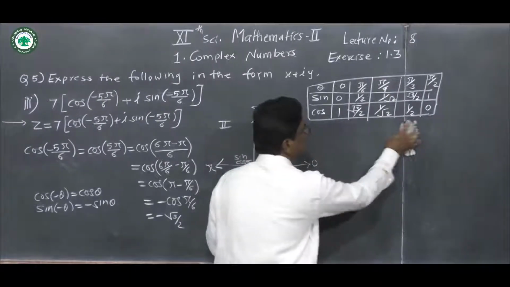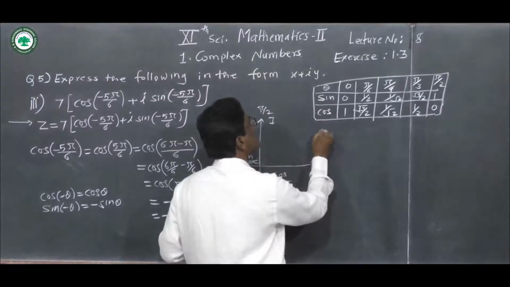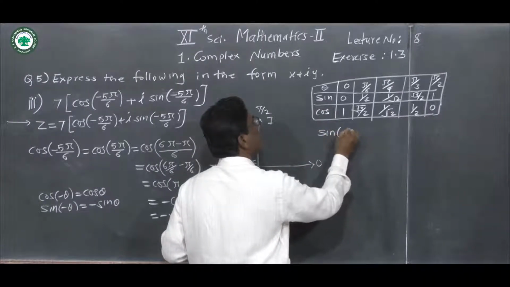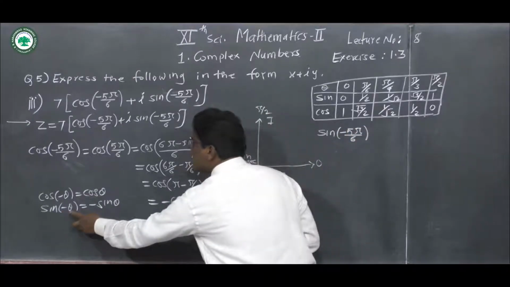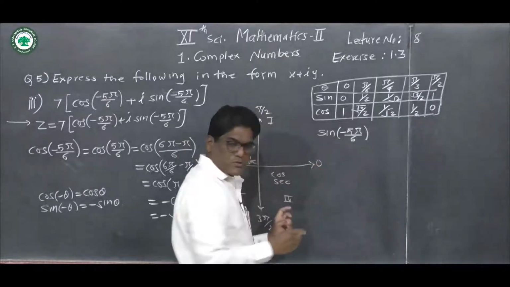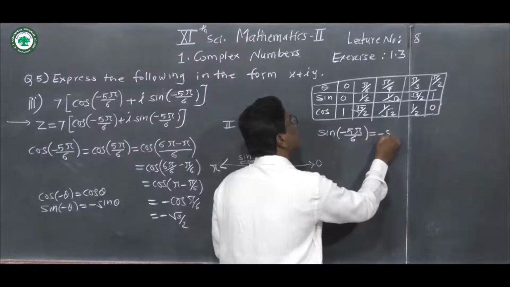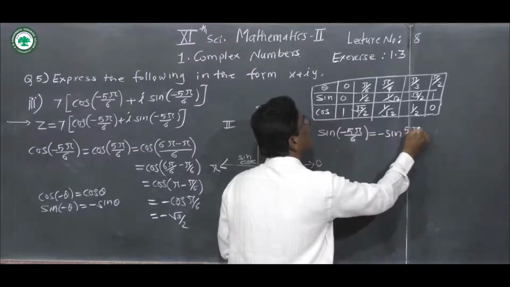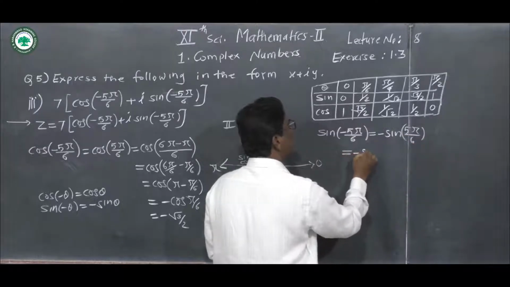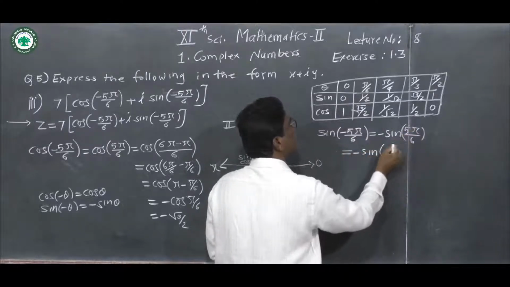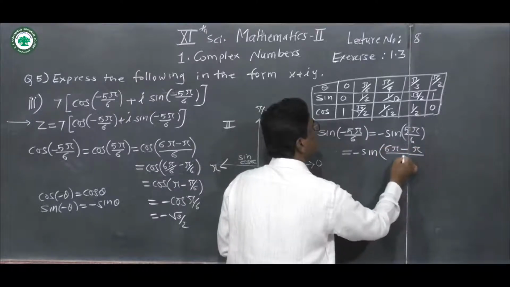Sine of minus 5 pi divided by 6, and we know that sine of minus theta is minus sine theta, so this is equal to minus sine of 5 pi by 6. So it is equal to minus sine of, we write this 5 pi as 6 pi minus pi divided by 6.